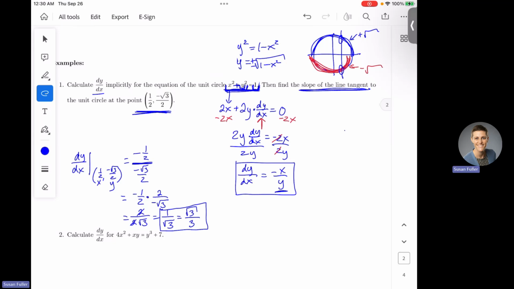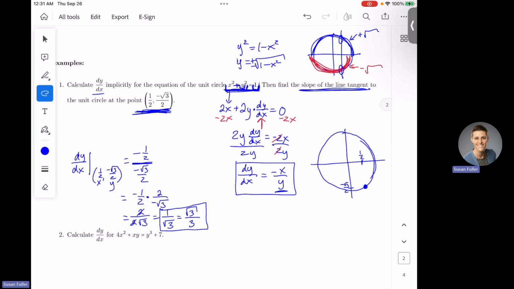Now, what does that mean exactly? So again, my original equation was the unit circle. Pretend, use your imagination, pretend that's a circle for me. And we just found the slope at this point, 1/2, negative root 3 over 2. So we're here at 1/2, negative root 3 over 2, right? Here's my point.